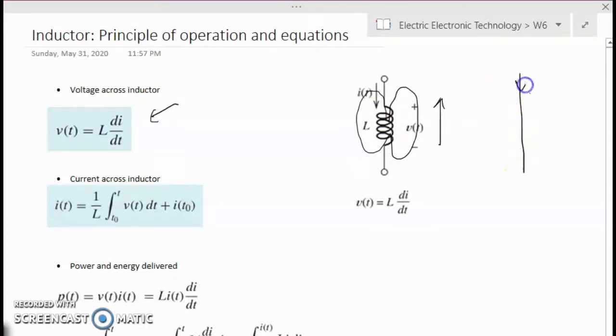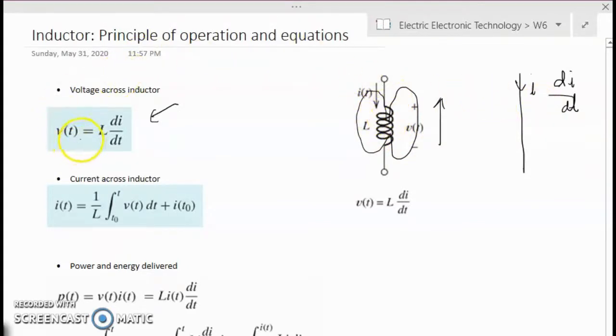If you circulate a DC current, it will behave the same way. But if there is variation of current in a straight wire, nothing happens around it. But in a coil, if we change the current, then it will create a voltage in the opposite direction. Here, nothing happens, but here it will create a voltage, right?